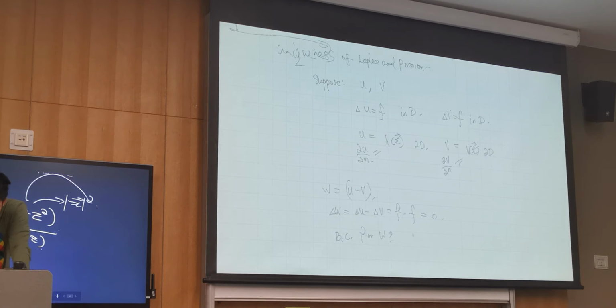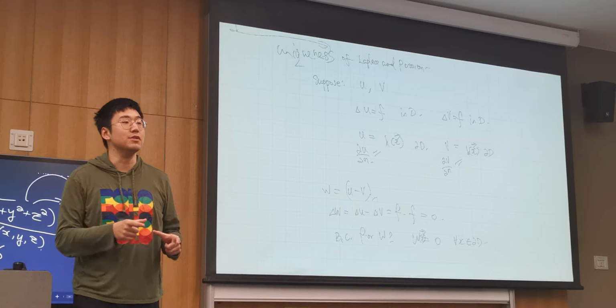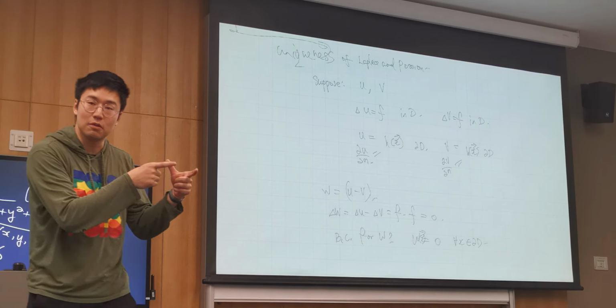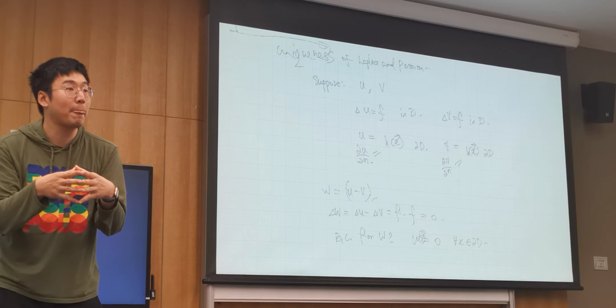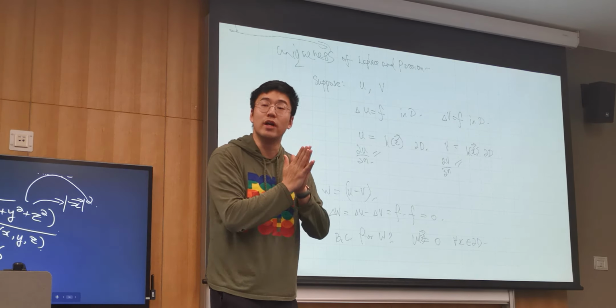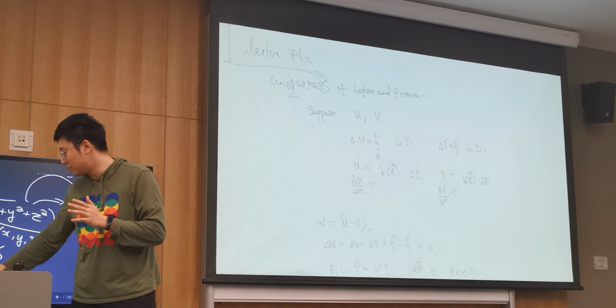And so my w equals 0 for any x on the boundary. Now, what can I say? My Laplace w is 0 within the domain D, which means that my w is a harmonic function. I also know that my w is 0 everywhere on the boundary.